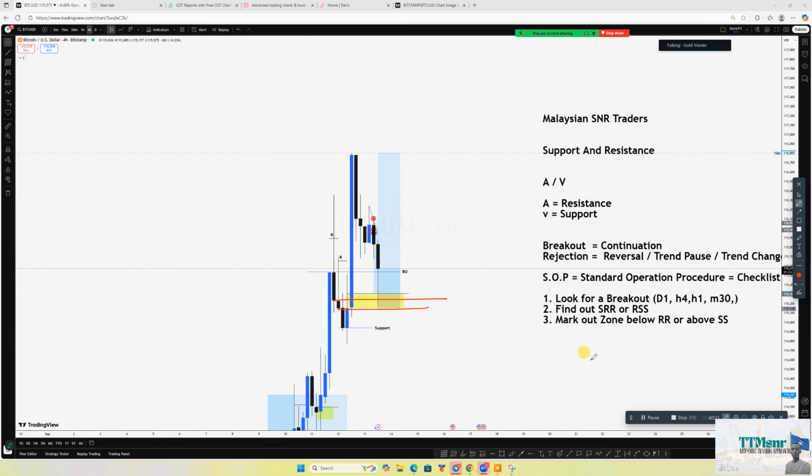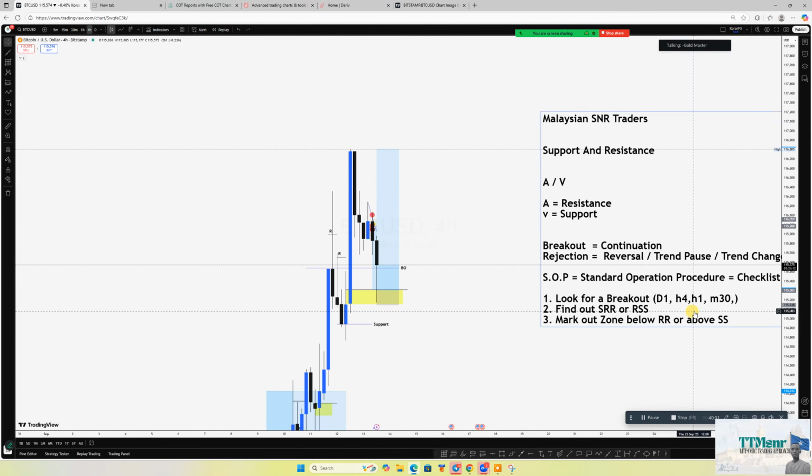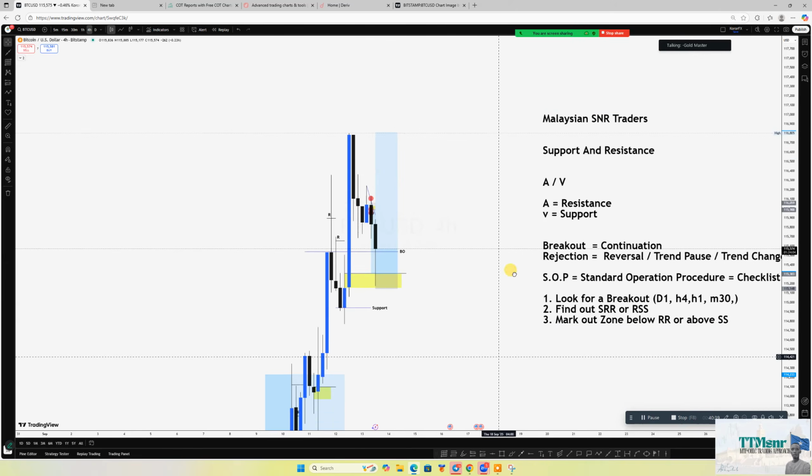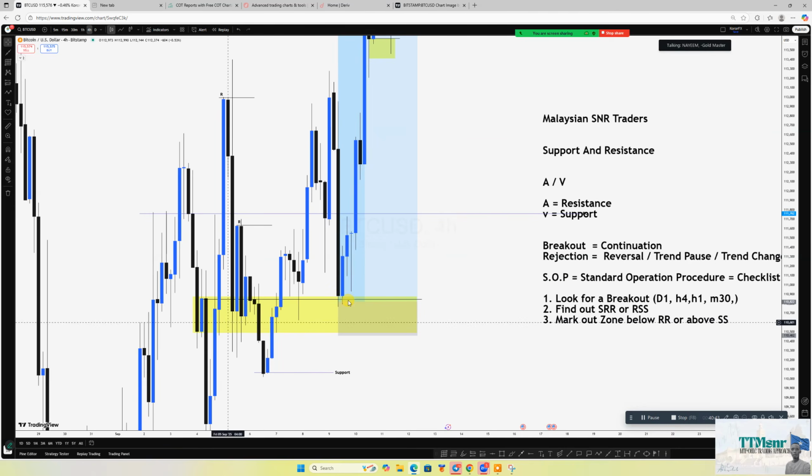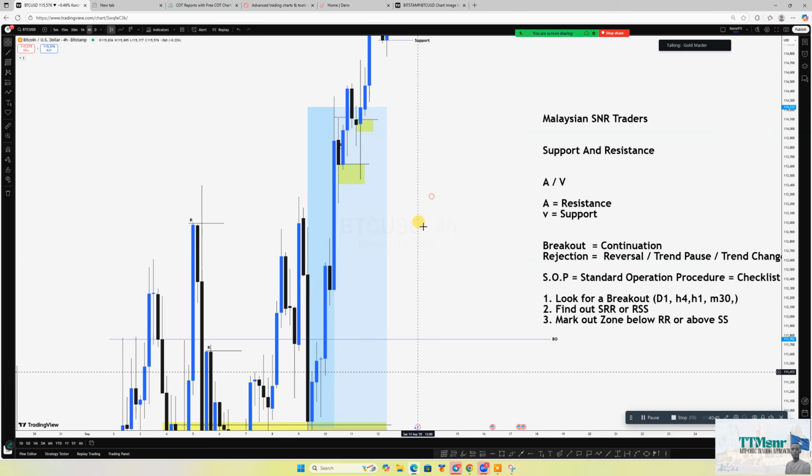Any level I make will be a decisional level. We only use higher time frame decisional levels, not lower time frame. Decisional levels always come from the daily and 4 hour. 1 hour, 30 minutes, 15 minutes are very dangerous. Okay, thank you. You will not miss any setup using this technique.